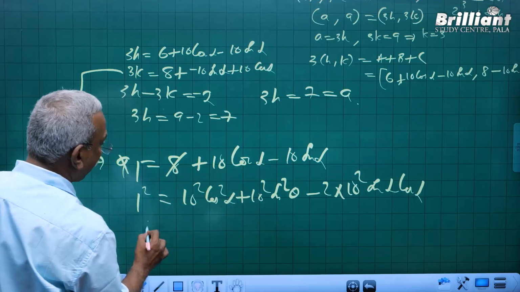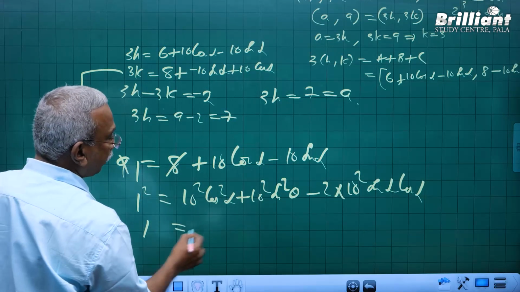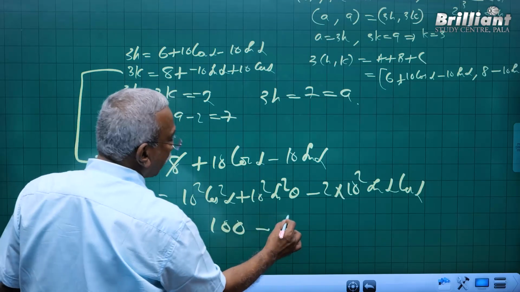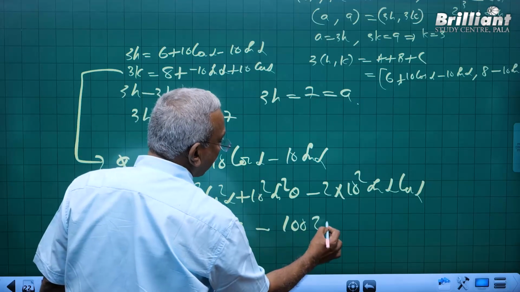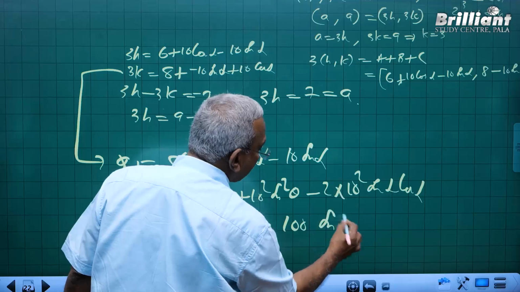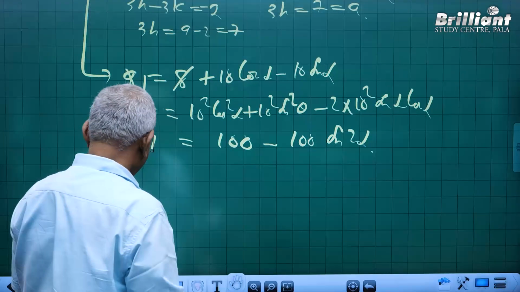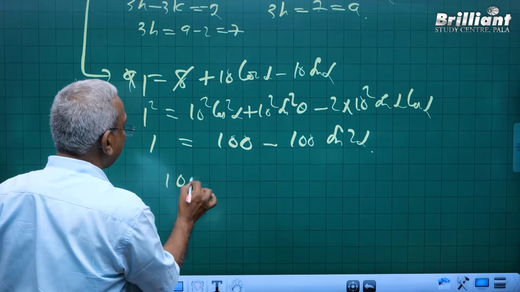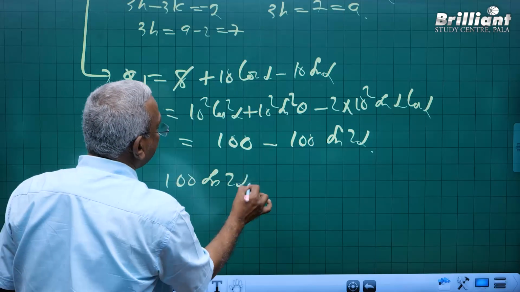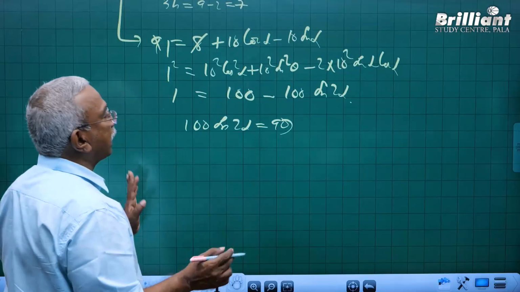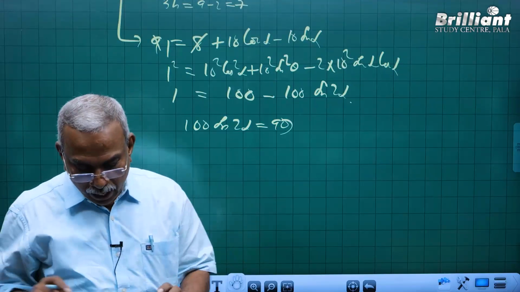So 1 is equal to 100 minus 100 into 2 sin alpha cos alpha, that is actually sin 2 alpha. Which implies that 100 sin 2 alpha is equal to 99, subtracting 1. So 100 sin 2 alpha is 99. What is our requirement?